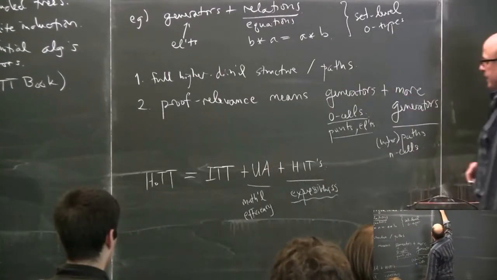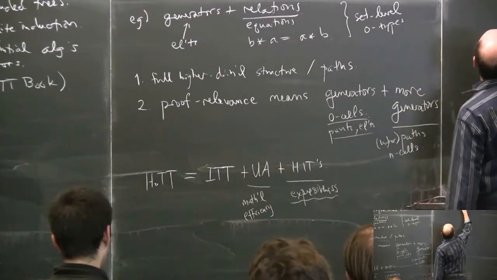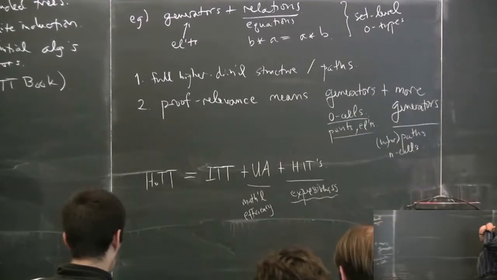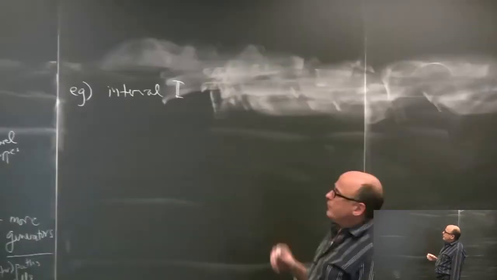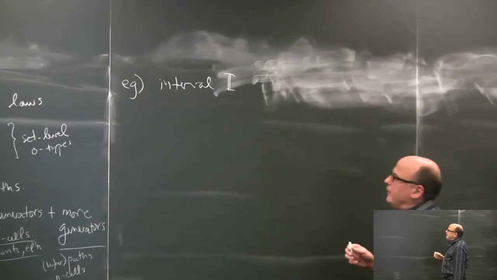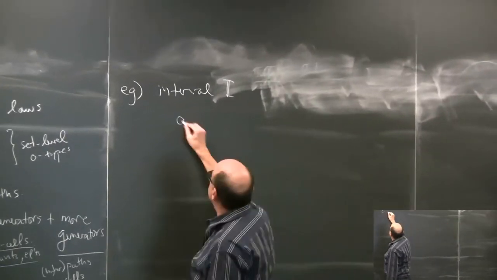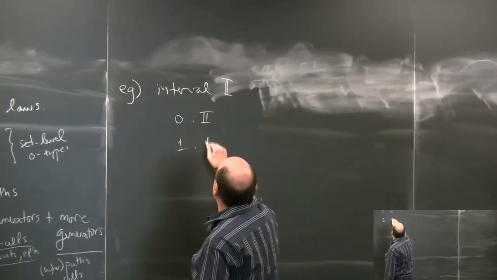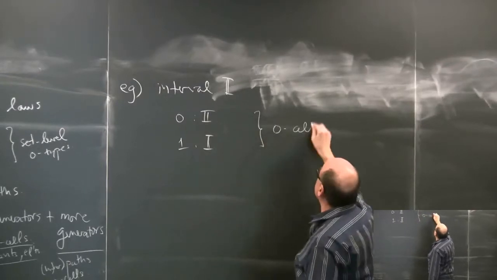So we had an example of this before, where we talked about the interval, which might be written like this, I, as a higher inductive definition. We have an informal way of writing these things down that looks like inductive definitions. So we ended up saying, let's write it like this. We have 0 is in I and 1 is in I. These are our 0 cells.